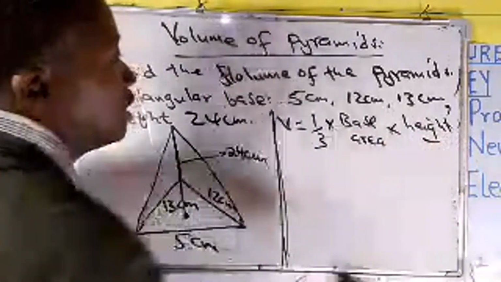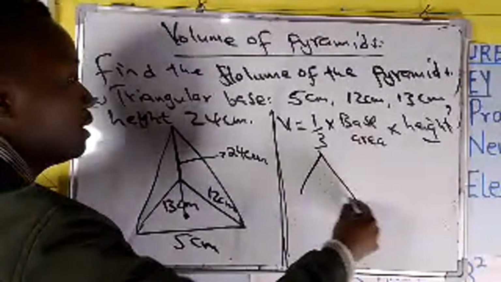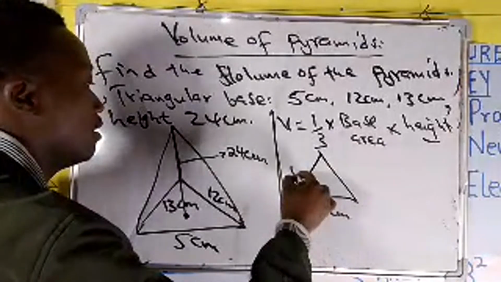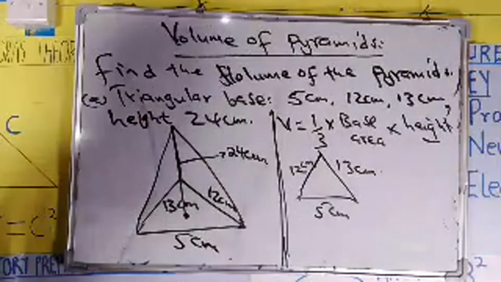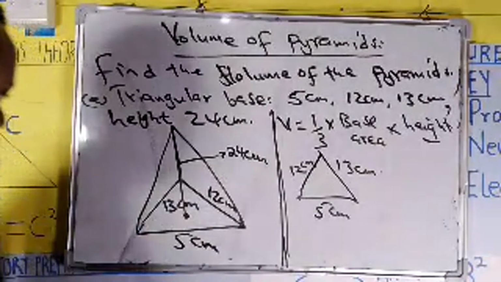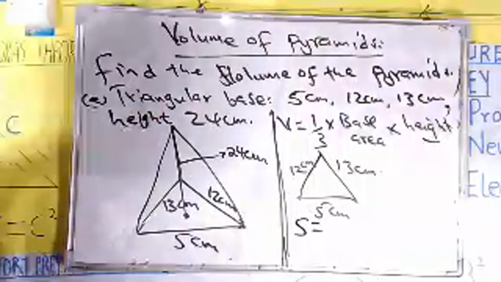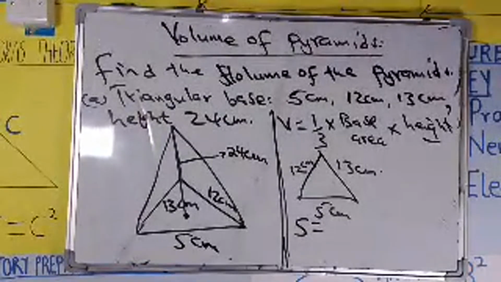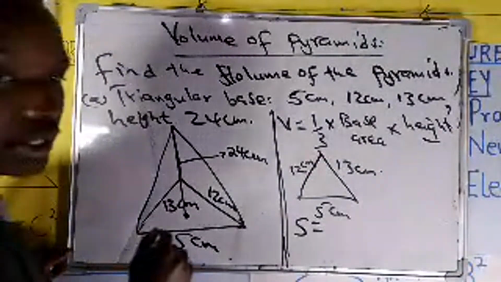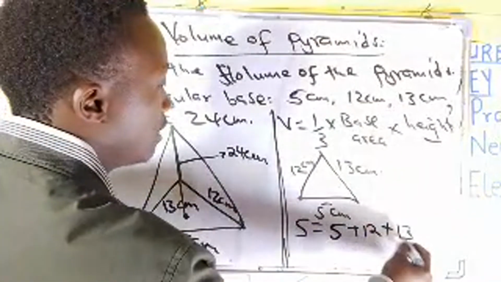So if you check clearly, our base area is a triangle of 5 centimeter, 12 centimeter, 13 centimeters. When we have such a triangle, we determine the area. And for us to determine the area, we first find S, which is 5 plus 12 plus 13 divided by 2.